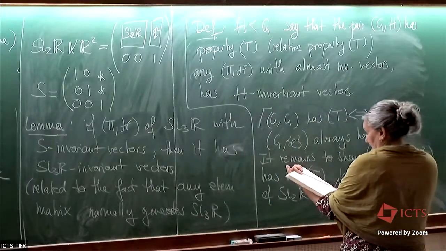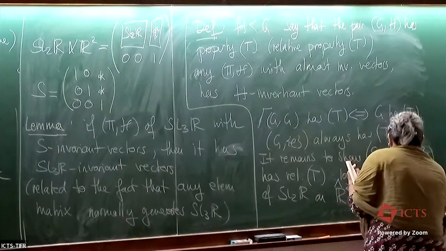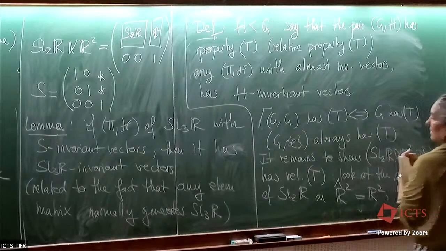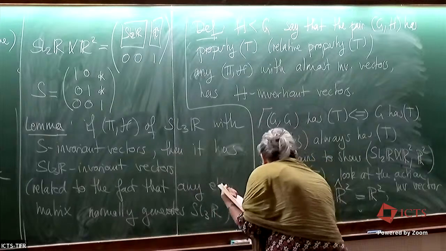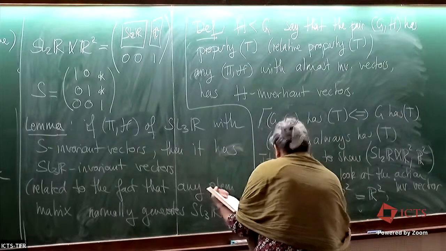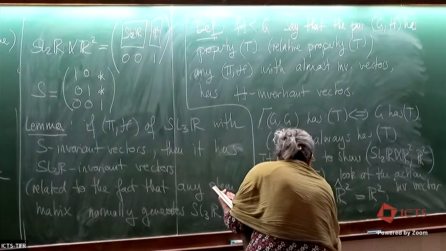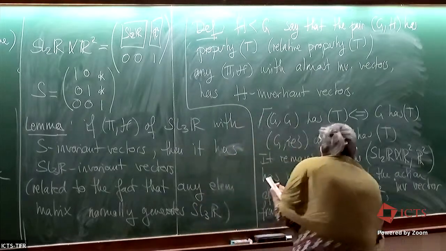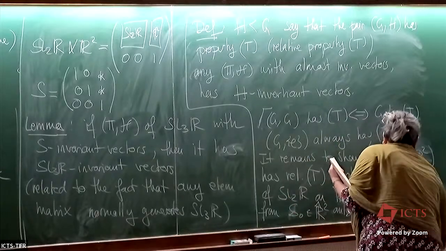The invariant vector comes from the fact that the Dirac mass at 0 in R2 hat is the only SL2R invariant measure.